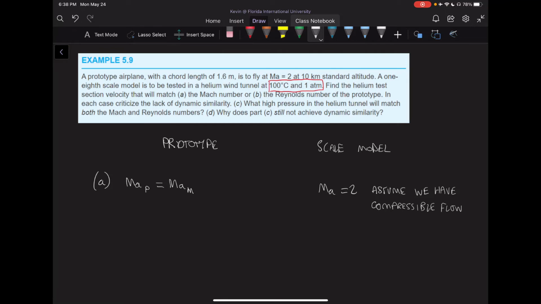We have to assume compressible flow because our Mach number is higher than 0.3. We had a rule that if the Mach number is greater than 0.3, we have compressible flow. And Mach is equal to velocity over a, which is our speed of sound.